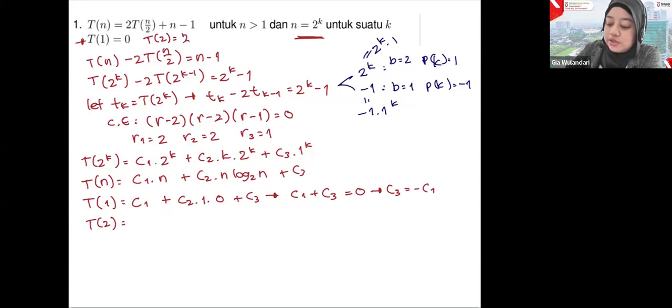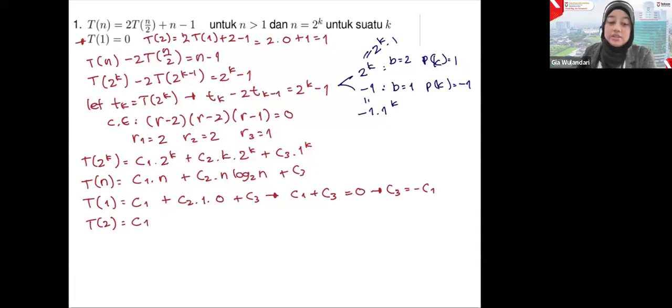Then T2 is 2 times T1 plus 2 minus 1. And it is equal to 2 times 0 plus 1. So it is equal to 1.